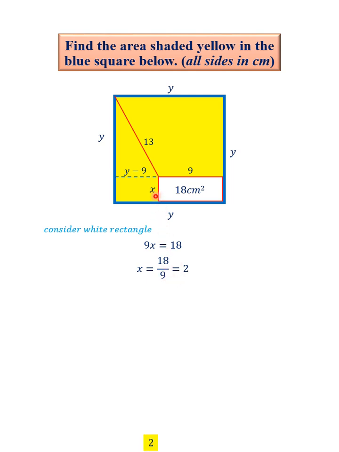So here, x is what? 2. Now, we know that the entire length here is y, and this bit here is 2, which means from this point to this point will be y minus 2, because the entire length is y, and from here to this point is 2.